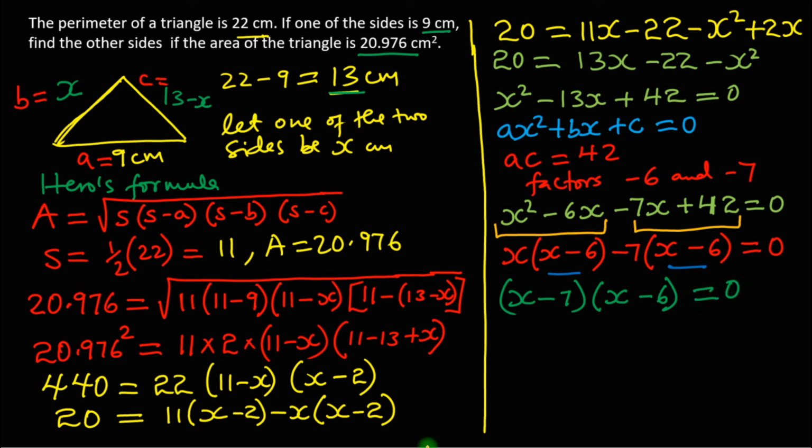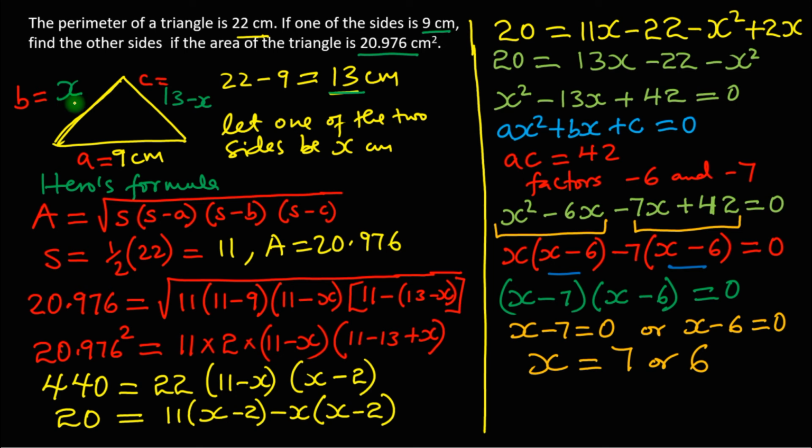This simply means that x minus 7 is equal to 0, or x minus 6 is equal to 0. Therefore x is equal to 7 or 6. That means if we substitute into the values that we had, if x is 7, then the other side will be 13 minus 7, which is 6.